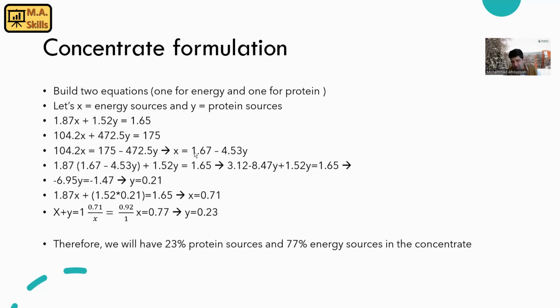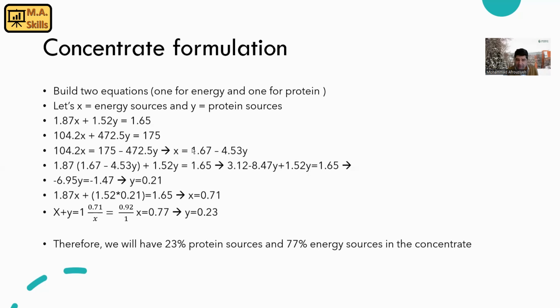X equals 175 divided by 104.2, which gives me 1.67, minus 472.5 divided by 104.2, which gives me 4.53 multiplied by Y.